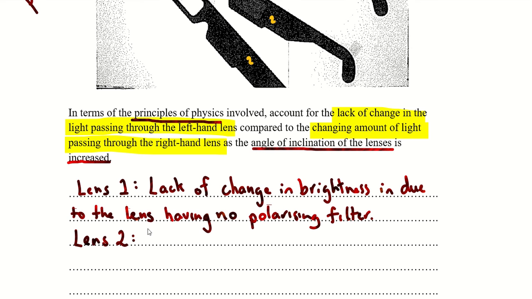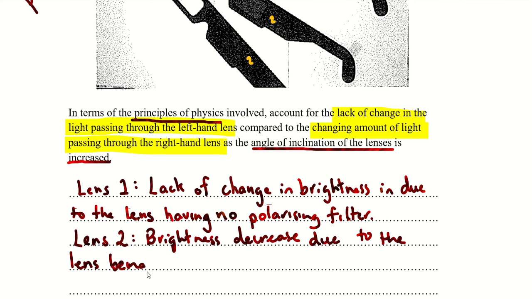So lens 2 brightness decreases due to the lens being a polarizer, or you could say another way of saying that is having a polarizing material in it. Okay, so that's doing our first comparison.